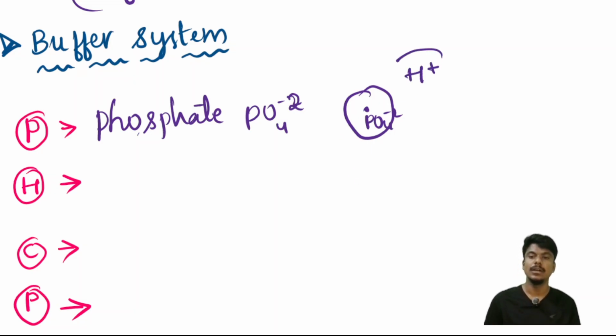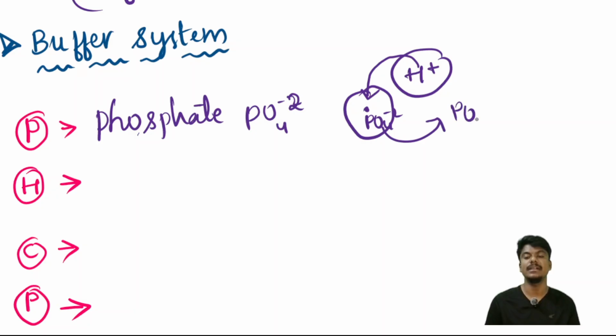If there is more H plus ion, the H plus ion will move inside the cell and the phosphate will come outside the cell. This is how the phosphate compensates when there is acidosis. It will go out and push the H plus ion inside the cell.